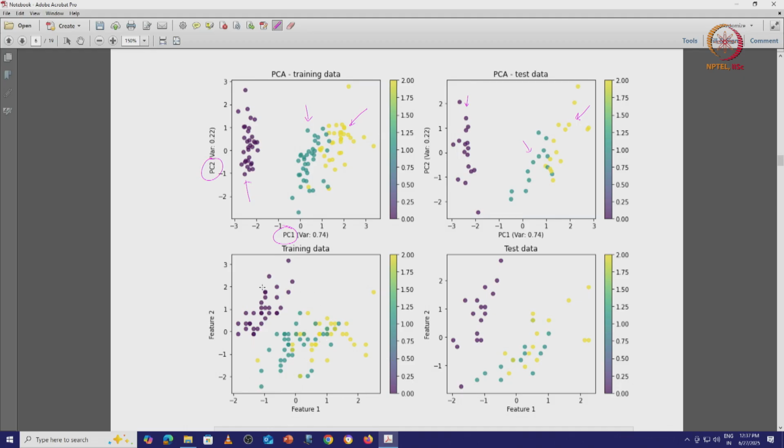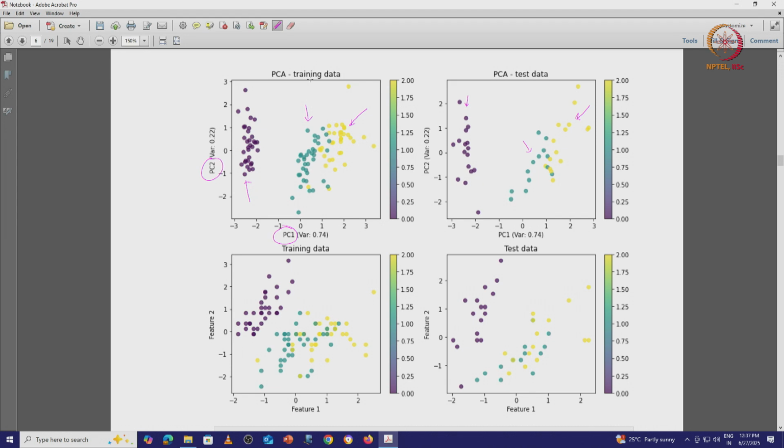I cannot make out any pattern in the original feature space, but I can see a lot of clear patterns here. There's one set of points here, another set here, and a last set here. Although one could say that these two clusters you can't really make out, at least the first set of points from these other points is something that PCA has told us.